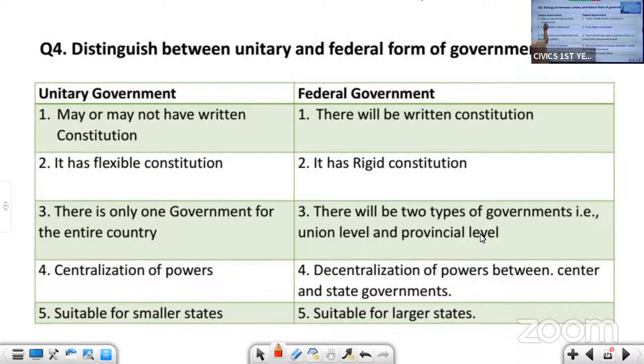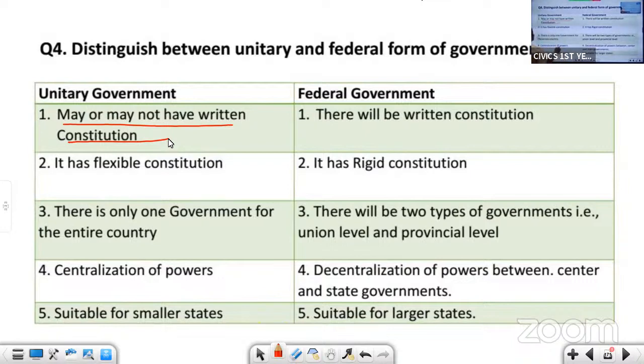Unitary government may or may not have a written constitution. When we discussed the chapter on constitution, I told you that a written constitution is suitable for federal government, and unitary government may have a written constitution.